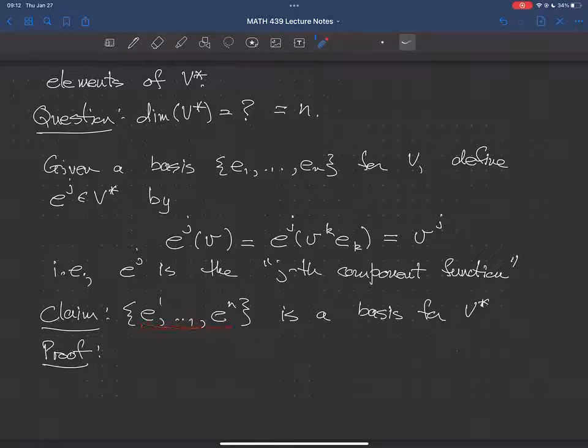So if I can show either that they're linearly independent or that they span, then one of those things will imply the other, just because the counting works out. However, I'm going to do both things because, again, it's a nice exercise in using the summation convention, and it also gives you a little bit more intuition about how these elements of the dual space work.